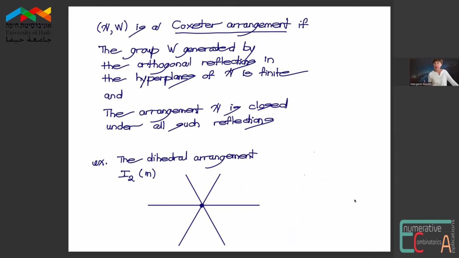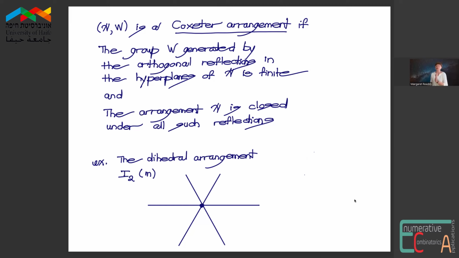All right, the other thing is, because I mentioned type B2 arrangement, we have to start talking about Coxeter arrangements and Coxeter groups. So script H is a Coxeter arrangement. In the background you have this group that's generated by orthogonal reflections in the hyperplanes of script H that has to be finite, and the arrangement is closed under all such reflections.